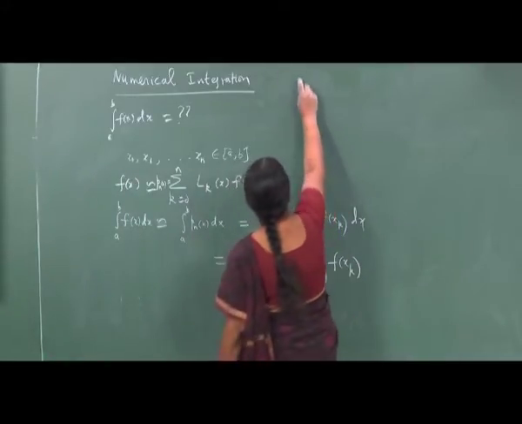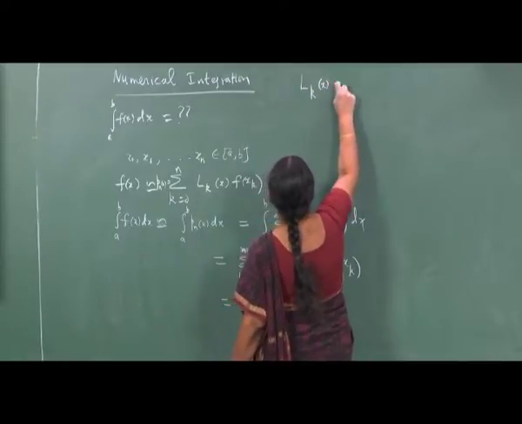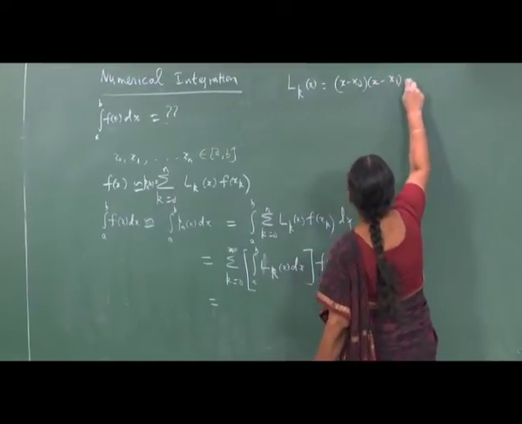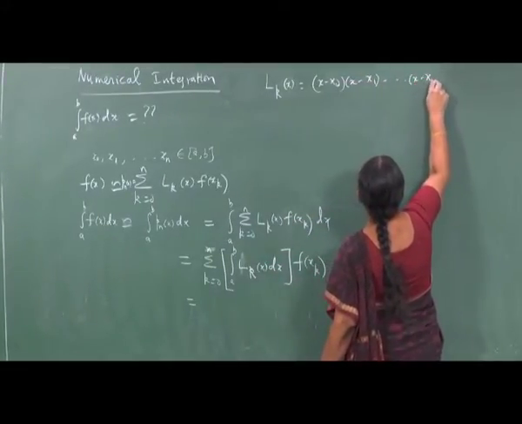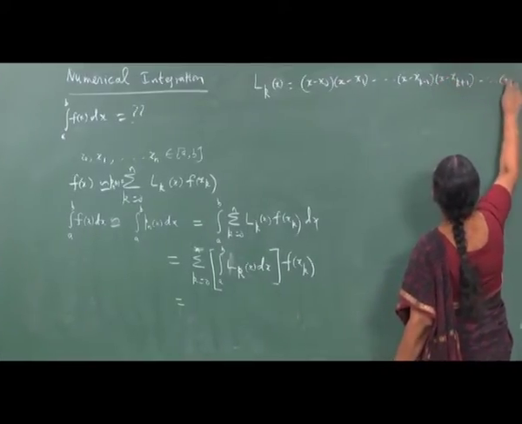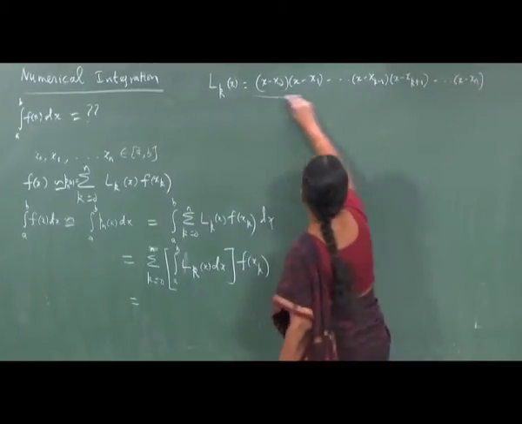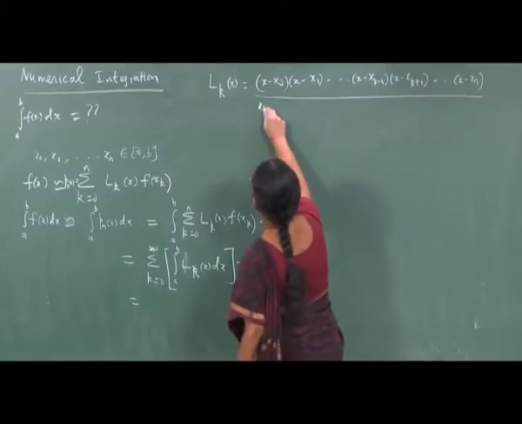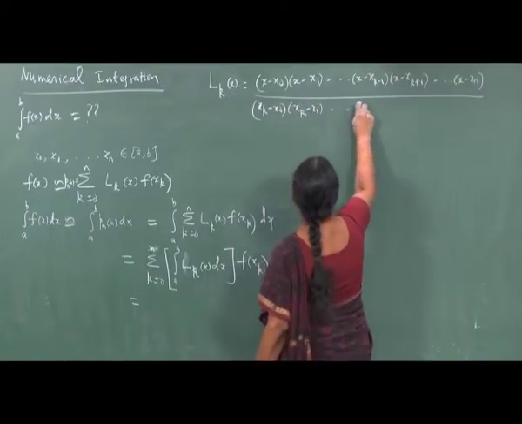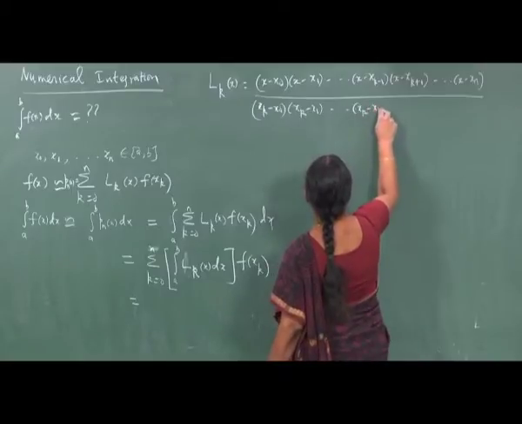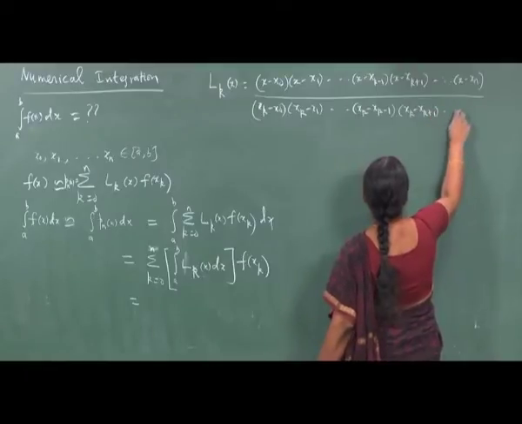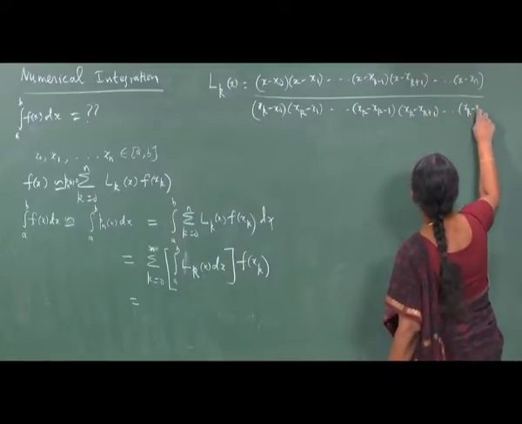What is this L k of x? L k of x will be equal to x minus x naught, x minus x1, etc., x minus x k minus 1, x minus xk plus 1 into x minus xn divided by xk minus x naught into xk minus x1 etc. xk minus xk minus 1 xk minus xk plus 1 and so on xk minus xn.